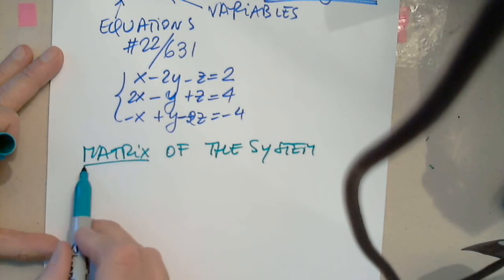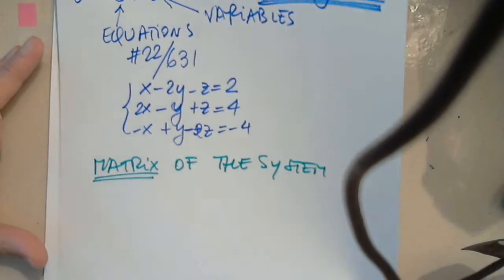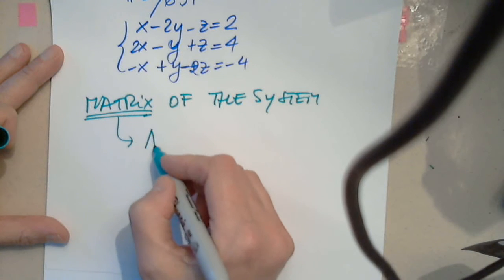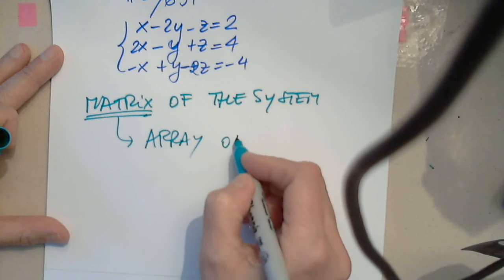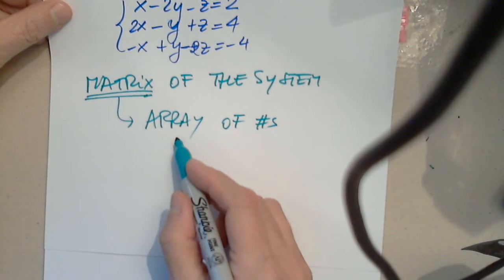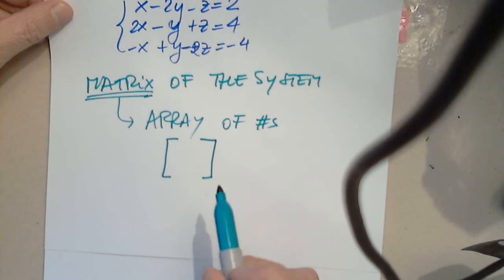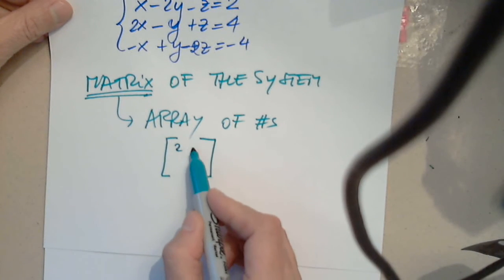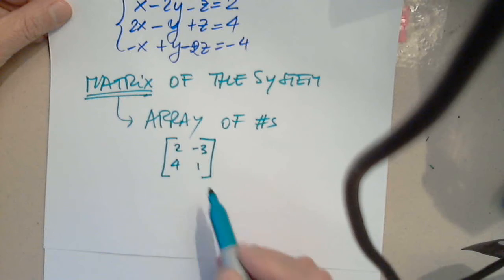First of all, you should ask, and I know you're asking, what is a matrix? A matrix is an array of numbers. Examples. We use huge brackets. Here is an example: 2, negative 3, 4, 1.